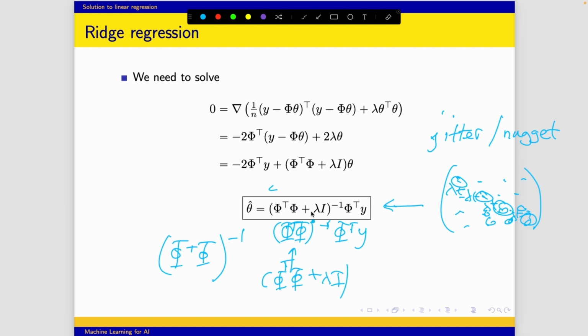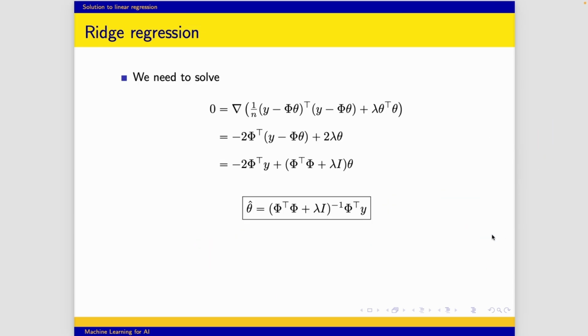And that's basically what we're doing here. We're adding this lambda I, so we're adding lambda along the diagonal of this matrix, stabilizing it, so that when we take the inverse of this, we get a much more stable computation. That will introduce error because we're artificially adding this. But if lambda is small, then we don't add too much error, but we stabilize the matrix computation.